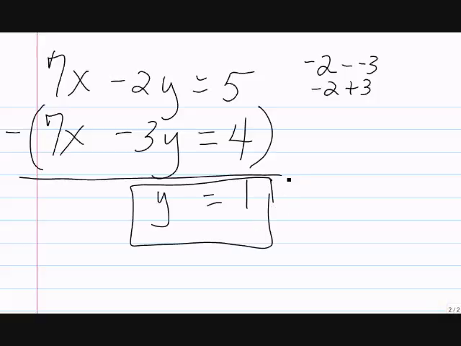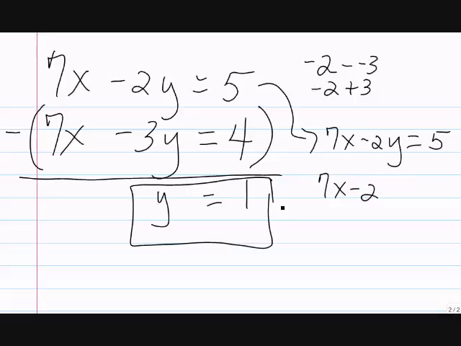So now I'll take one of my equations. I guess I'll take the top equation again. 7x minus 2y equals 5. And y is 1. So I have 7x minus 2 times 1 equals 5. So that's 7x minus 2 equals 5.